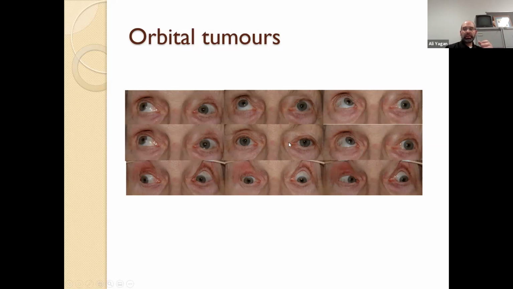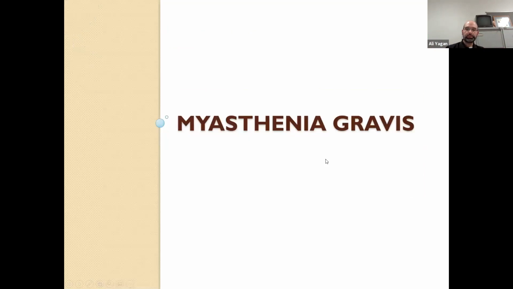So again, all mechanical problems are usually similar in presentation. You get various difficulties looking in directions, but the key here is really knowing whether they had trauma, so it's fracture, whether they are thyroid, so it's thyroid eye disease, whether there is redness and pain, so it's inflammatory, or whether there is need to be scanned, and you get these tumor ones, for example.